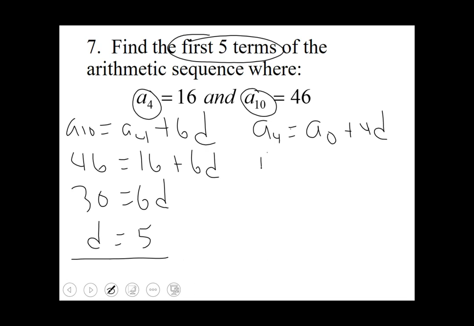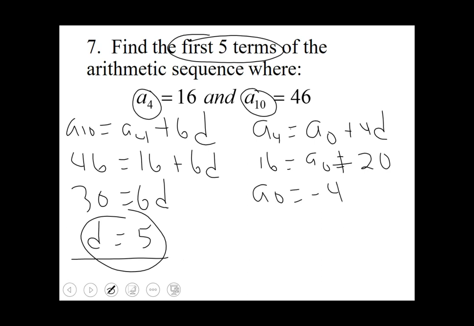So the 4th term is still 16, looking for the 0th term. Because the common difference was 5, oops, sorry, that's plus, this is going to be equal to 20. If I go ahead and subtract 4, I'm going to get that A sub 0 is equal to -4. That is going to give me my equation, A sub n equals 5n minus 4.